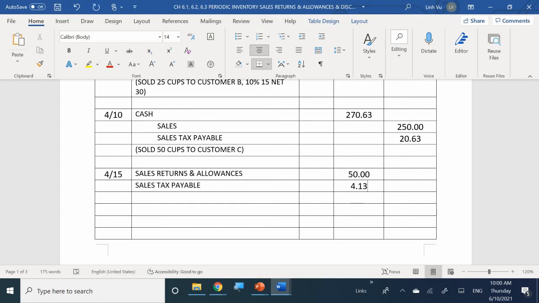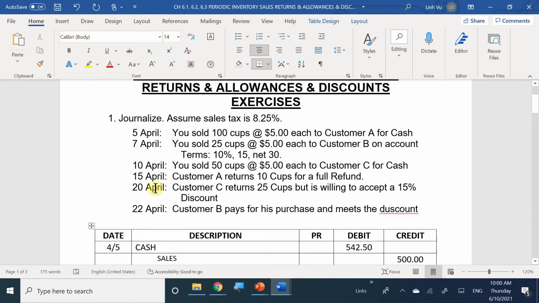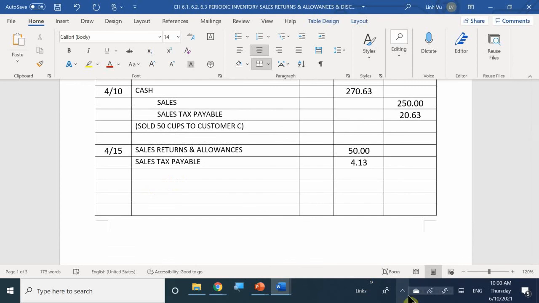So how did customer A originally pay me? Cash. They paid me in cash, so therefore I'm going to be giving them back cash. All right. So in grand total, how much cash am I going to be giving back to customer A? $54.13.